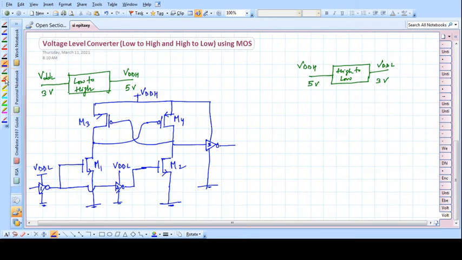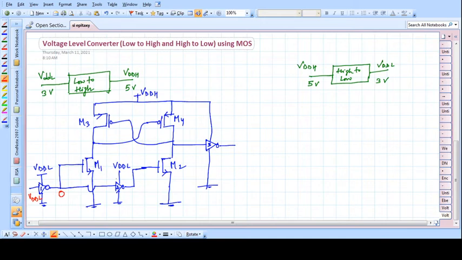For the operation, suppose we are starting with the high voltage for this input. The high voltage is our VDD-L. When this input is VDD-L, the corresponding output will be low.